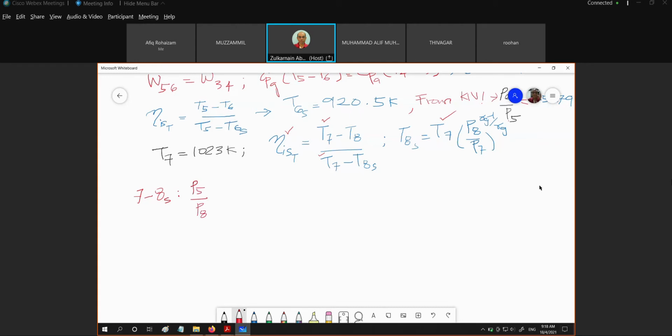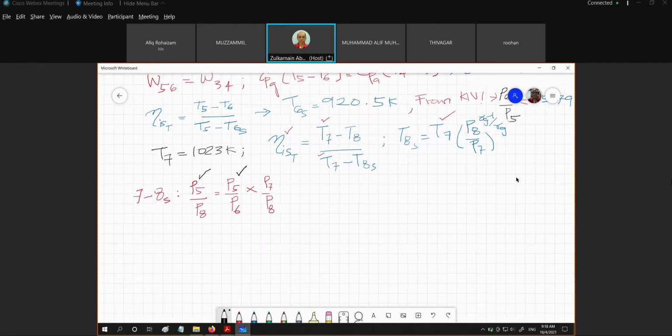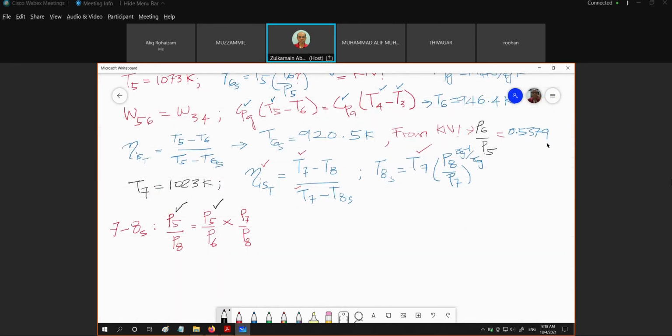It is equal to the individual pressure ratios: P5 over P6, multiplied by the low pressure turbine ratio, P7 over P8. We have P6 over P5 right here, 0.5379.